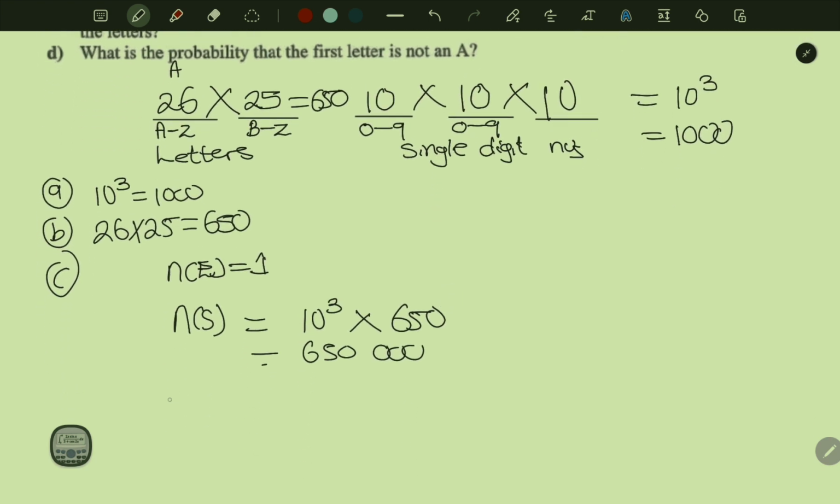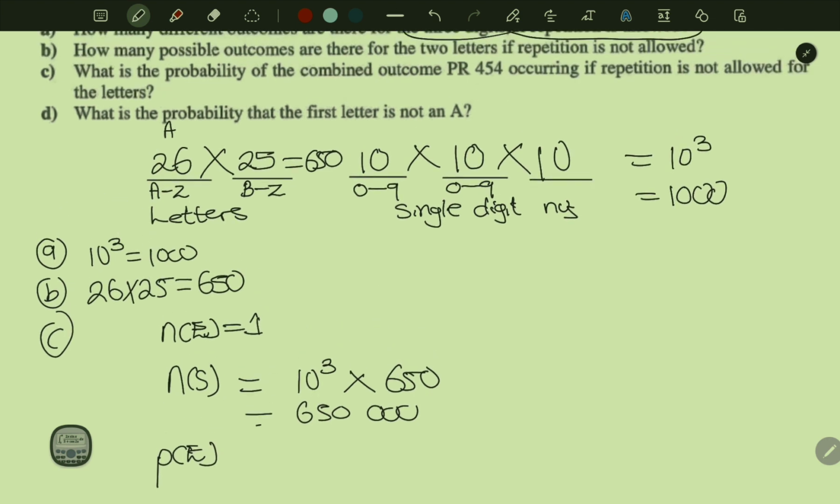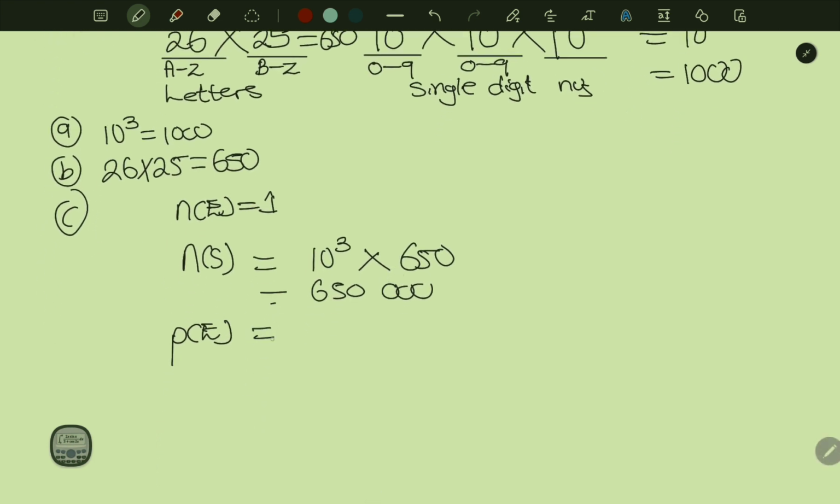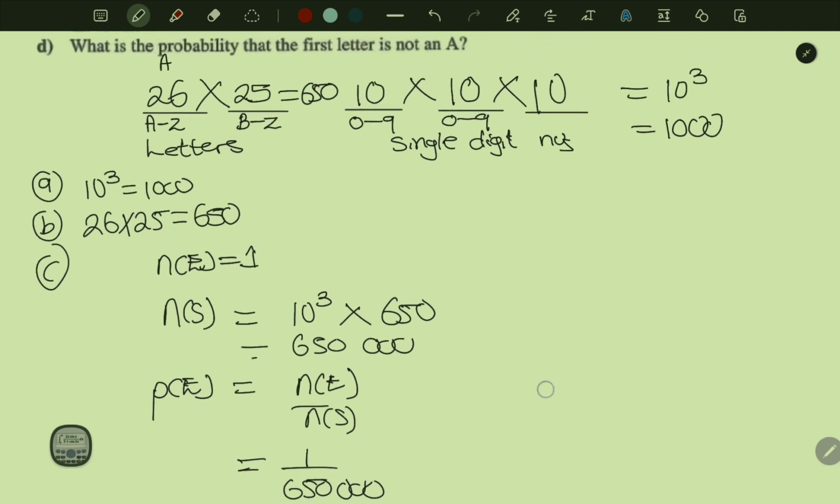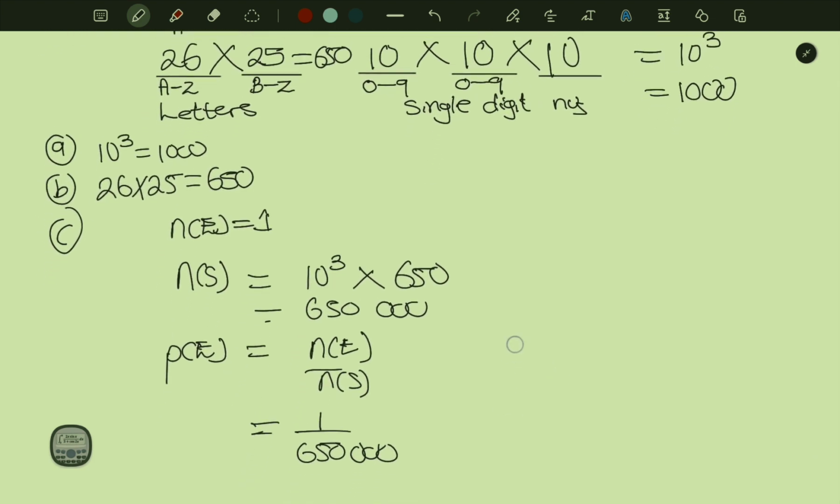That means the probability of event E happening, if E is the combined outcome, will be equal to n of E divided by n of S, which is equal to 1 over 650,000. So the probability of event E happening would be 1 over 650,000.